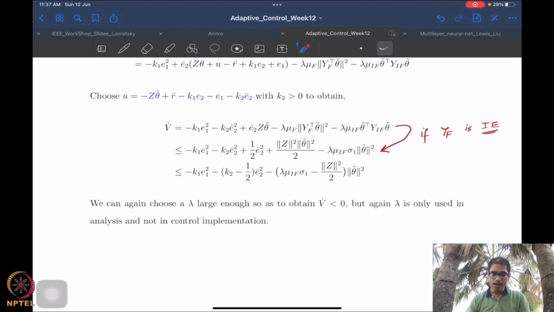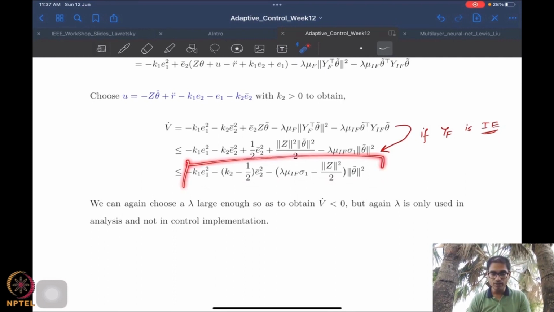And now, because this z is a function of the state also, it's complicated. It's not completely straightforward to say that this is the particular value of lambda that will work. But the important thing for us is the existence of such a large lambda. I just have to choose lambda large enough. And if I do choose lambda large enough, I'm fine. And most importantly, I get these nice negative terms here.